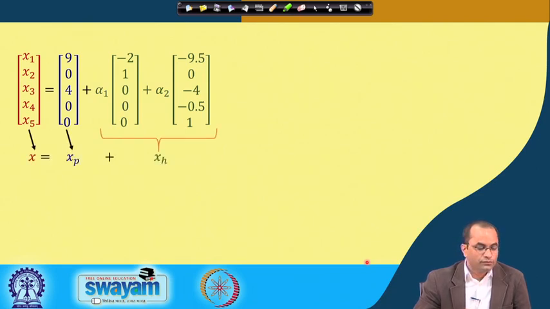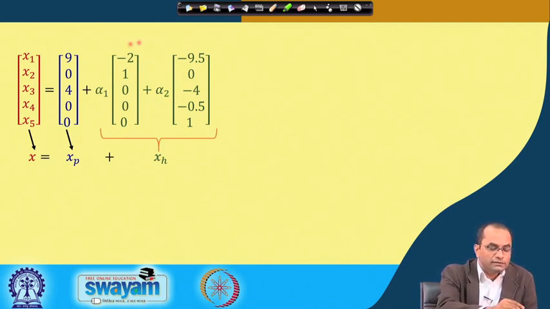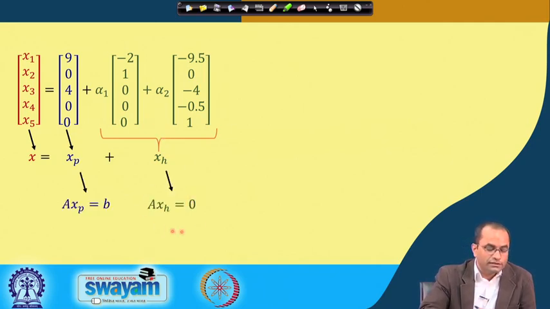What we have also seen is that we have a very special structure when we write it in this form: this is a particular solution of the given system Ax equal to b, whereas this part with alpha 1 and alpha 2, these vectors or the combination of these vectors, satisfy the corresponding homogeneous equation, that means Ax equal to 0. Here this is xp, the particular solution.